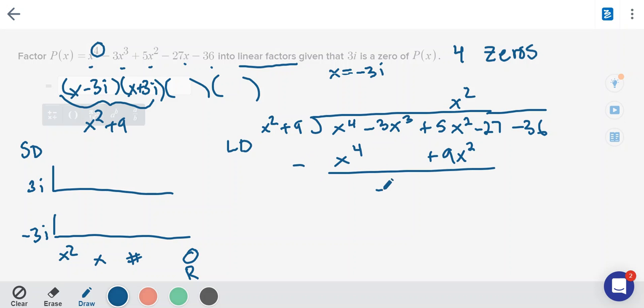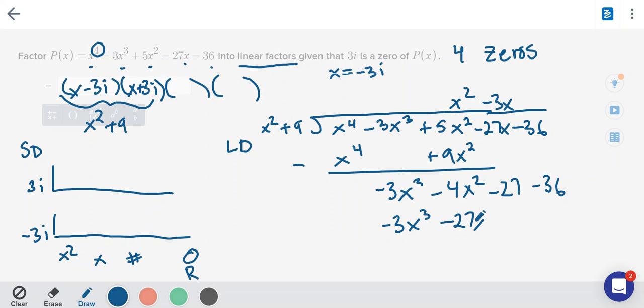Okay, subtract. Bring down. So it's going to be, oh, that's an x, minus 3x. Oh, minus 27x. Put it in the wrong place.